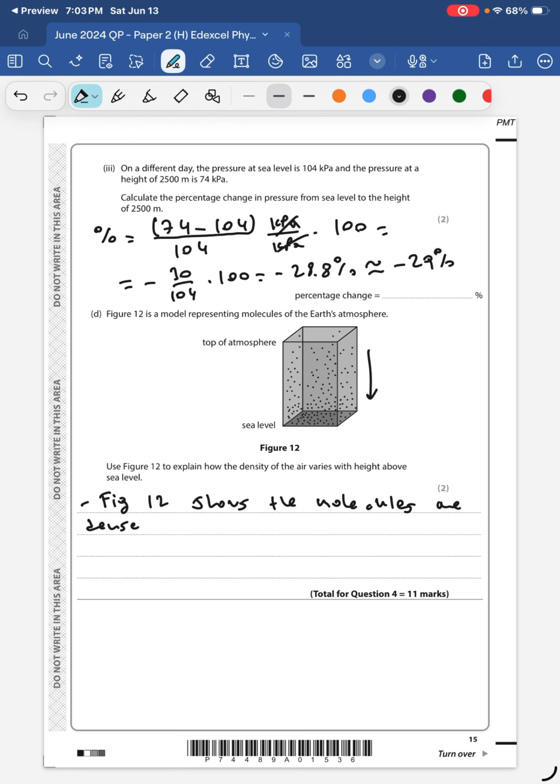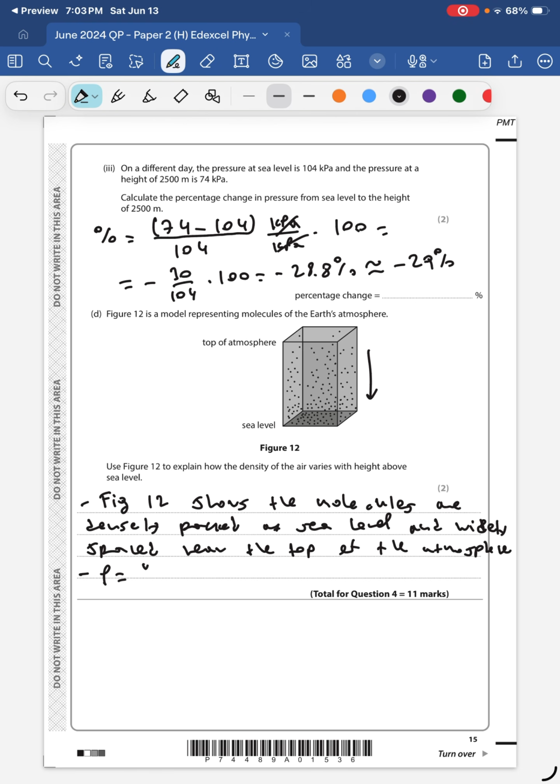are densely packed at sea level, and widely spaced near the top of the atmosphere.